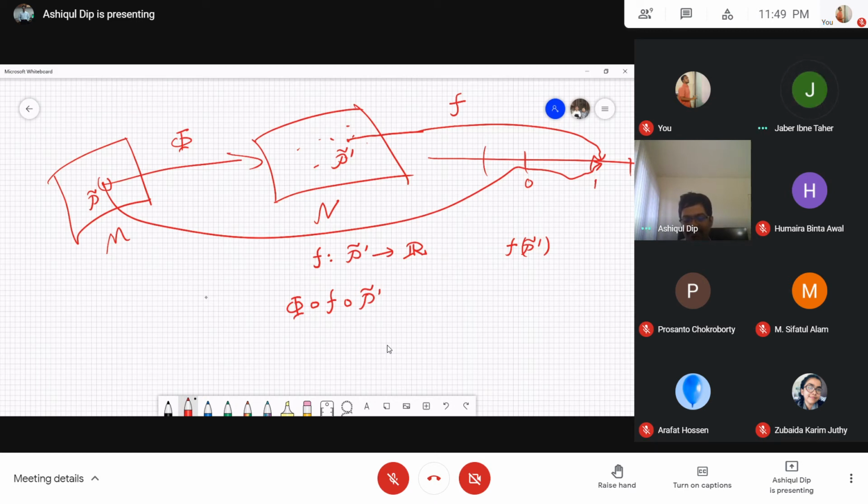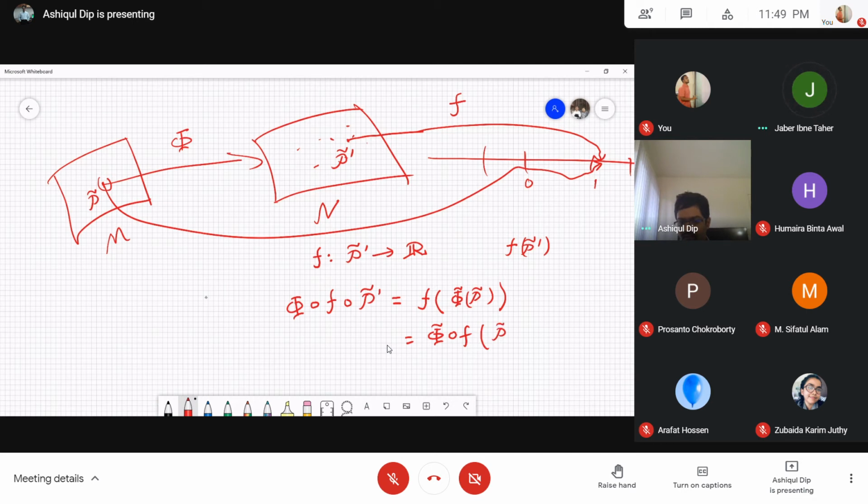So this is basically nothing but, in our usual notation, F of p, where instead of p tilde prime we just write phi tilde of p. Or in other words, that's phi composed with F. Is the notation correct?